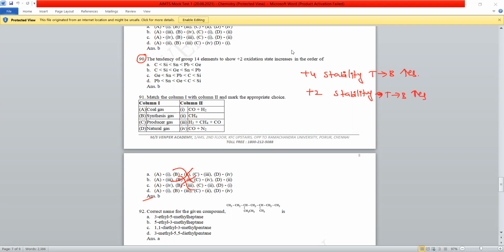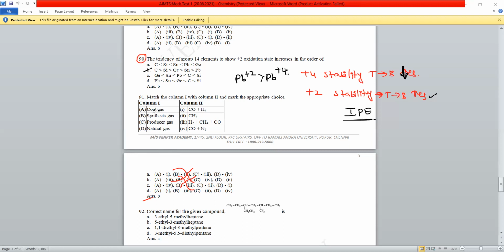Sorry, wrong statement I have given here. Top to bottom, +4 stability decreases, and +2 state stability increases due to inert pair effect. Lead is highly stable in +2 state when compared to the +4 state. So answer should be B. Top to bottom, the +2 state increases due to inert pair effect.